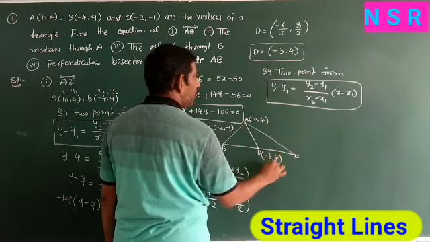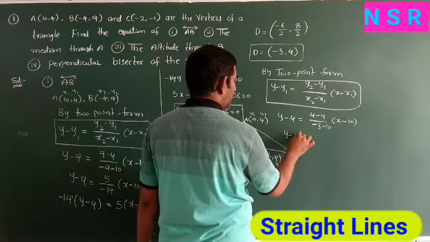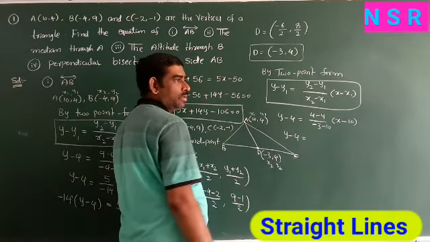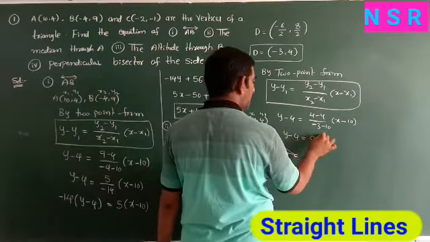Substitute: 4 minus 4 is 0, so 0 by something is 0. So y minus 4 equals 0.